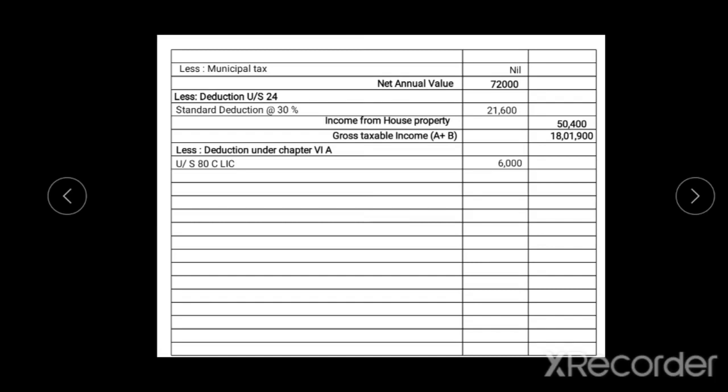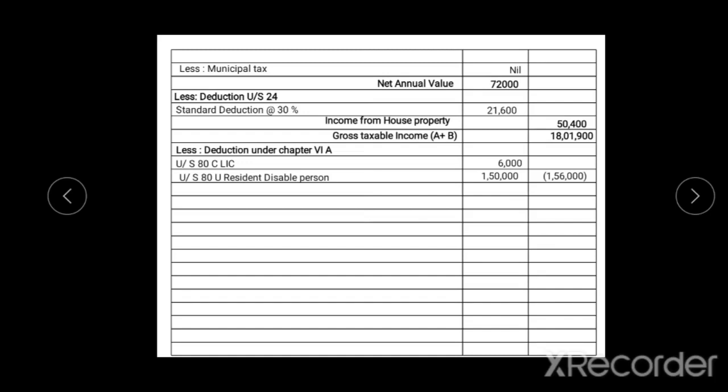So Mr. Sumit is eligible for a deduction of rupees 1,50,000 under section 80U. So that also we have to record, that is 1,50,000. So total deduction Mr. Sumit will get is 1,56,000 and that deduction we have to reduce from gross taxable income.